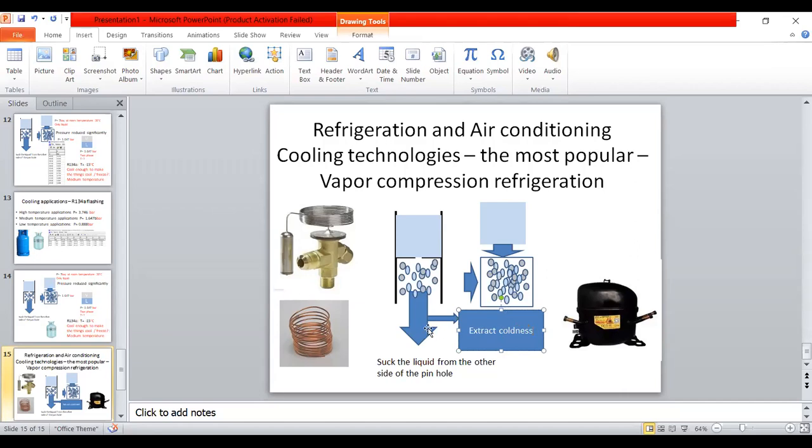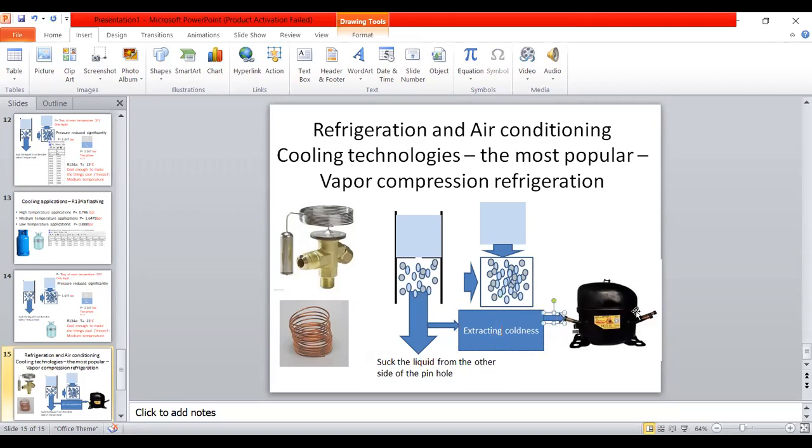So this machine sucks through this equipment meant for extracting coldness.